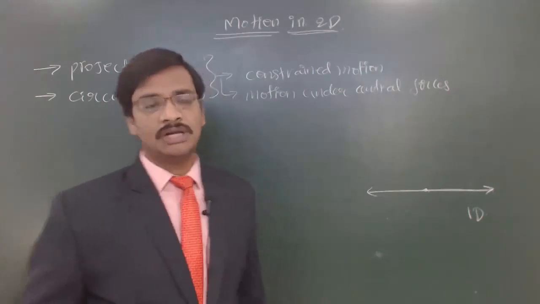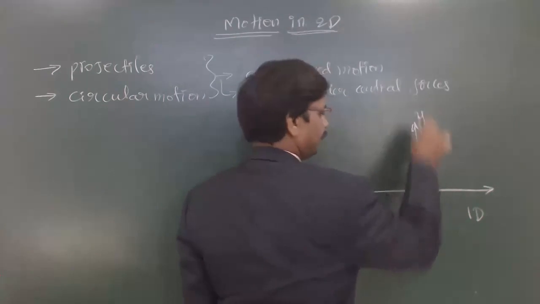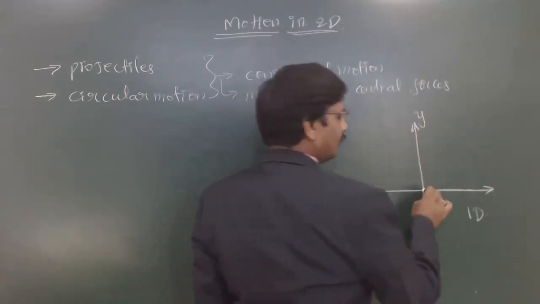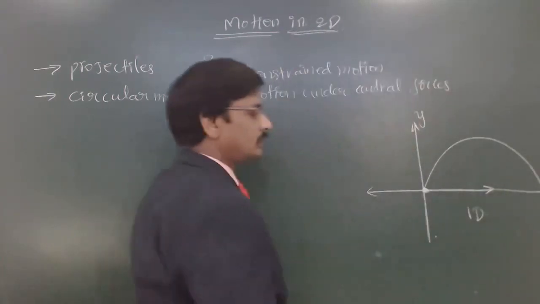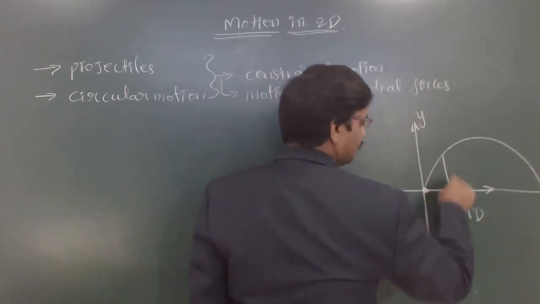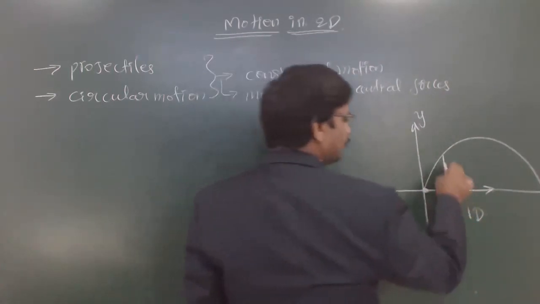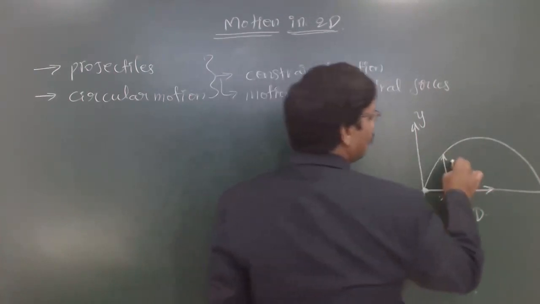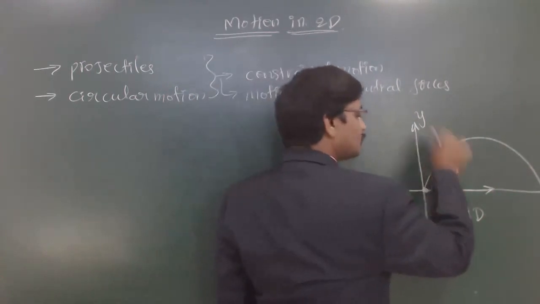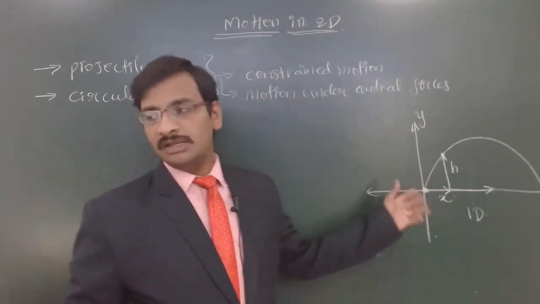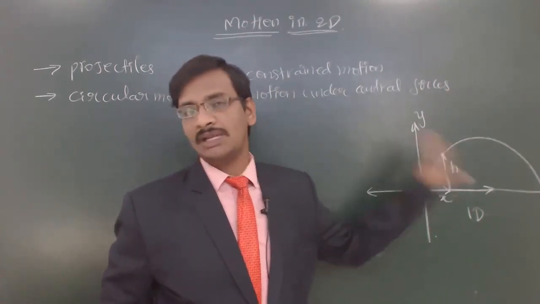Suppose this is the y direction, and a particle is thrown from here; it will go in this manner and finally drop to the ground. At any instant there will be a displacement, let's say this is x, and an associated value of height, this is the y value. So at any instant these two dimensions we have to calculate for the complete kinematical behavior of the particle traveling in two dimensions.